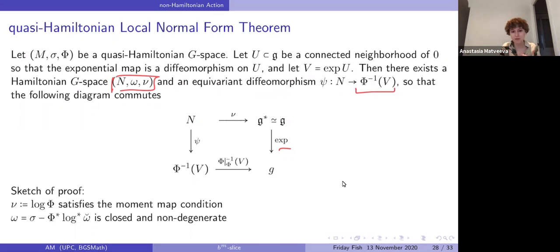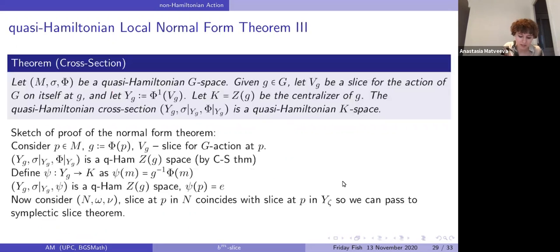And to prove this, it's basically what we say now. If there exists this exponent, then we can take a logarithm and go back. And we can also take a form from which we extract this part. We already know what the differential of this is, so the space that we're constructing here will be Hamiltonian, because we fix everything that was non-Hamiltonian before. And the other statement that we need to use here is the cross-section theorem.